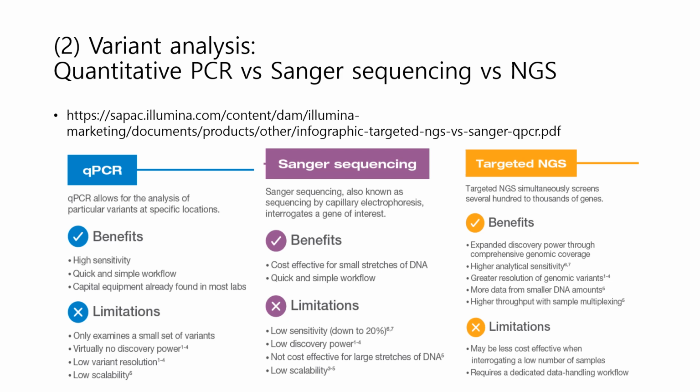But it has limitations, including that it only examines a small set of variants, has virtually no discovery power, low variant resolution, and low scalability. If you use targeted NGS, it has benefits including expanded discovery power, higher analytical sensitivity, greater resolution, and more. So you can choose one of these methods for your study by comparing the benefits and limitations.